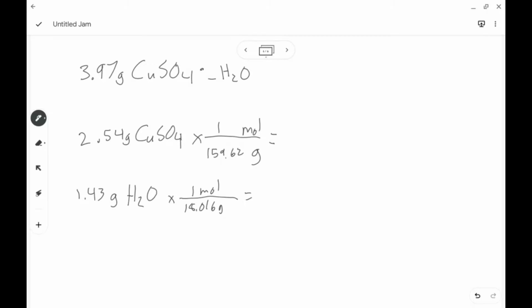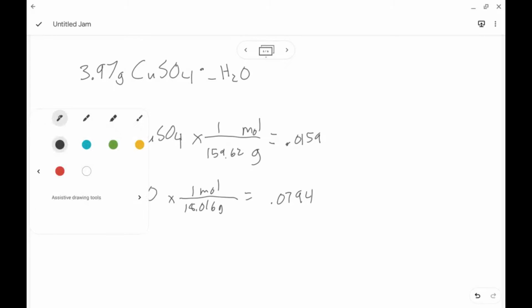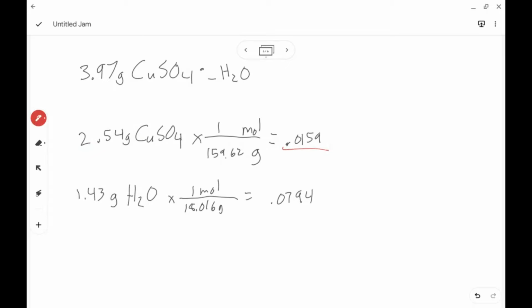So we do our little calculations. And we get 0.0159 for the copper 2 sulfate and 0.0794 for the water. So now we divide both of these by 0.0159, which is the smallest.